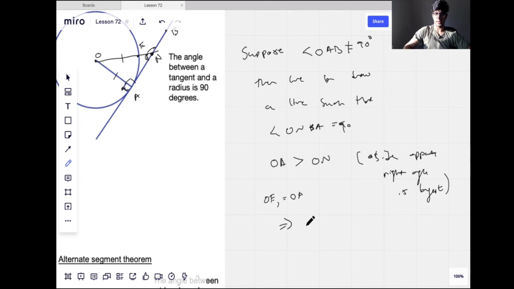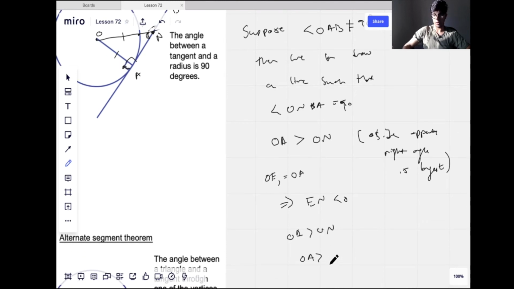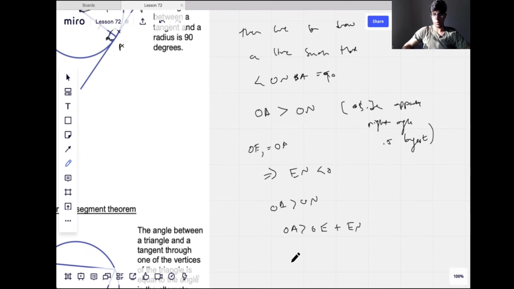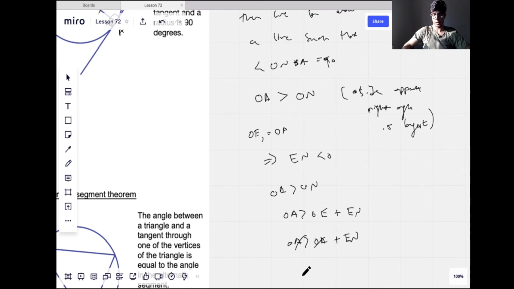Which implies that EN is less than 0, because if OA is greater than ON, for example, and ON is equal to OE plus EN, and OE is equal to OA, if we minus both sides by OA, we get EN is less than 0, which is a contradiction.